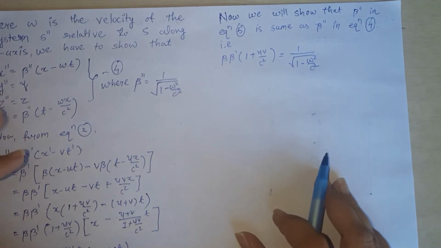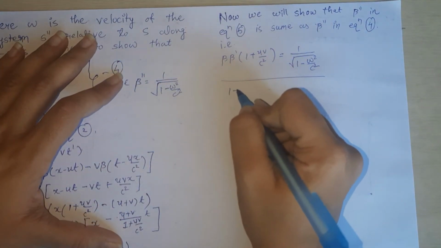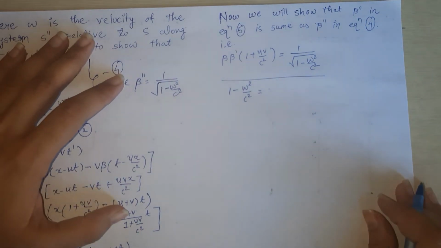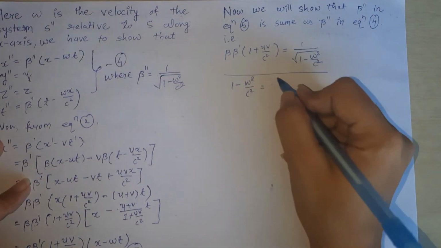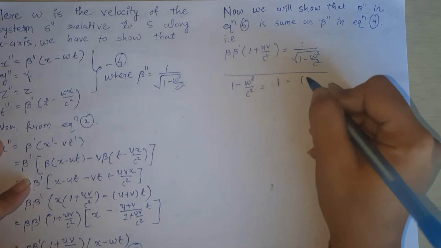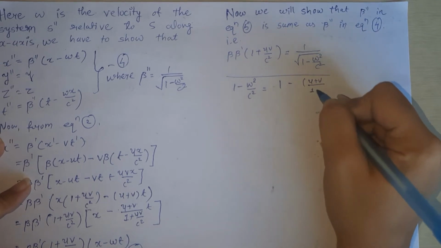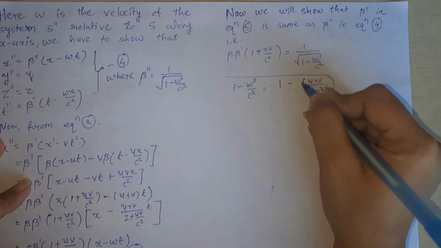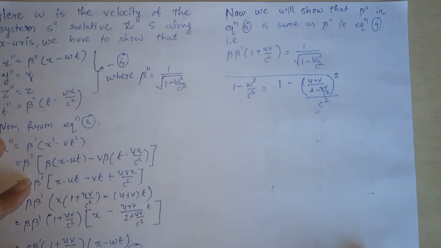So let us start with 1 minus w square upon c square. So what we will do here, we will put the value of w, which is given by u plus v upon 1 plus uv upon c square, whole square, and it is divided by c square.